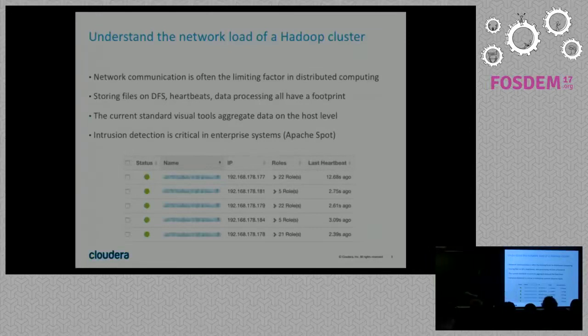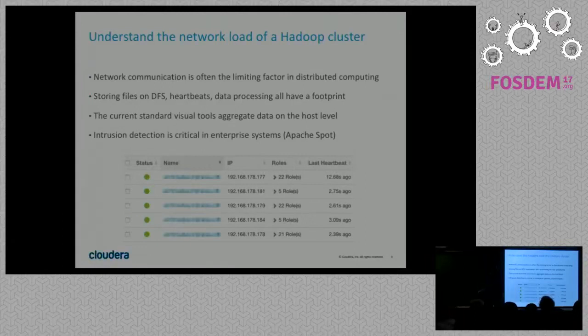And one of the not necessarily nice features that we discovered by trying to explain this to customers: if you look at the standard Hadoop monitoring tools today, the metrics that you can see for network utilization are aggregated on the host level, and a lot of times that doesn't give you the capability to look at individual services.